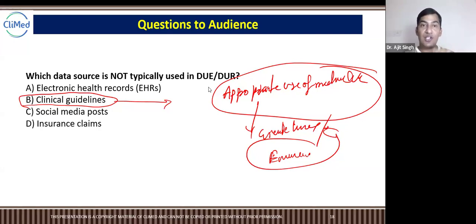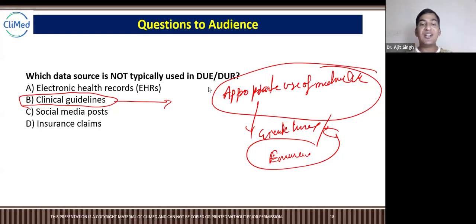Drug utilization evaluation or drug utilization review is being done for appropriateness, to check if the drugs have been used or are being used appropriately or not. Understand? And if they are not being used appropriately, then you have to find out why.